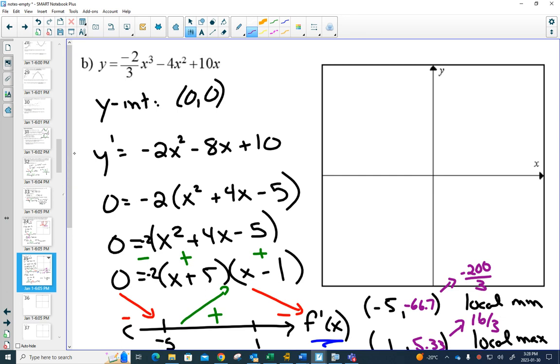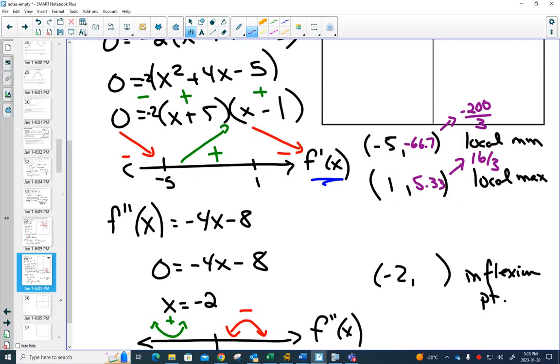Negative 2. I got negative 30.7, which as a fraction would be negative 92 over 3.